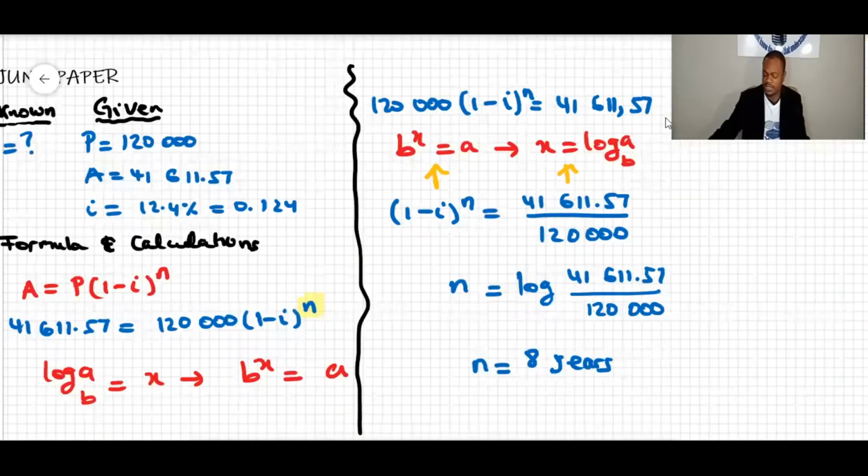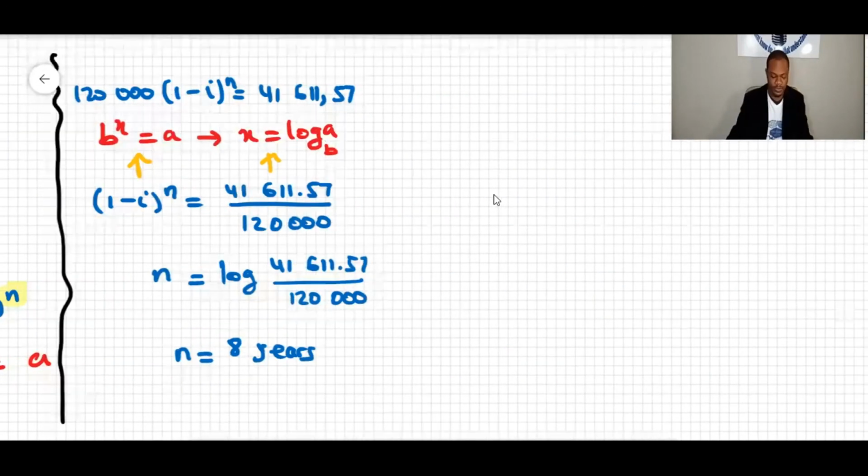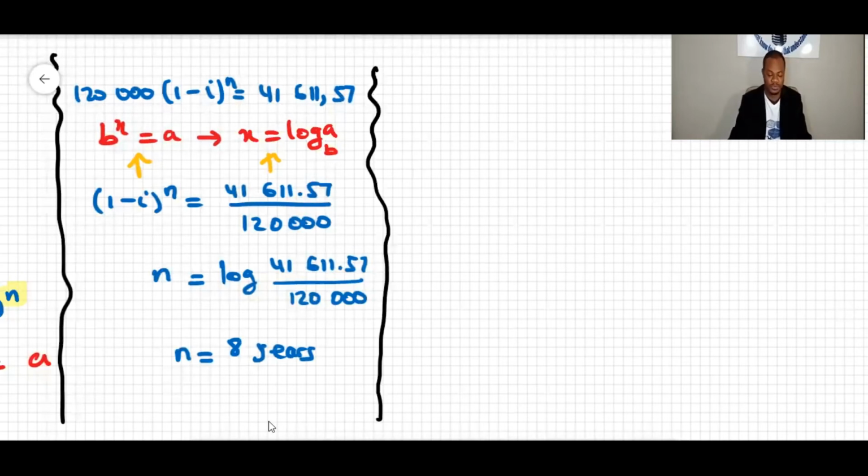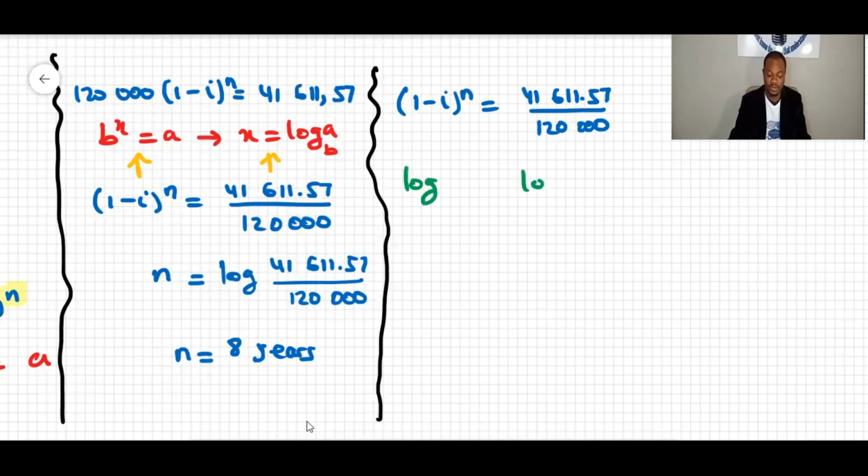Someone else can also solve the same problem by doing this. We have (1 minus i) to the power of n equal to 41,611.57 over 120,000. We can introduce the log on both sides of the equal sign.